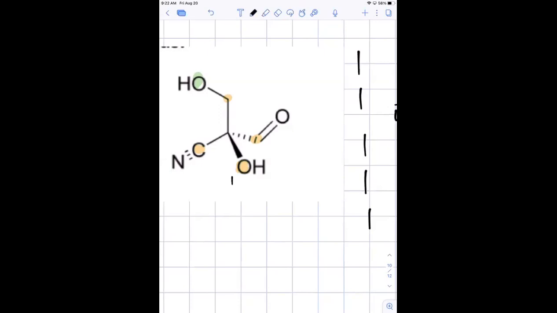Of those 3 carbons, which one do you think is highest in priority? The one double bonded to oxygen. Very good. That's 2. And of these 2, this one is bonded to oxygen, and this one is bonded to nitrogen. Oxygen has a higher atomic number, so that's going to be 3. And then the cyanide is going to be 4.